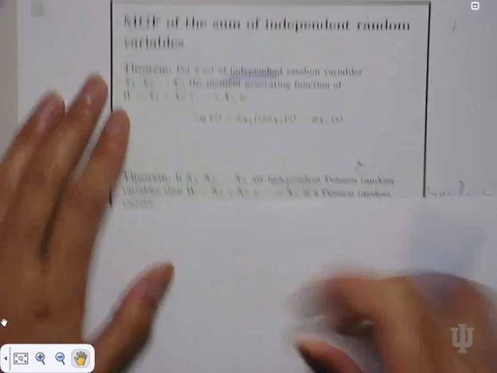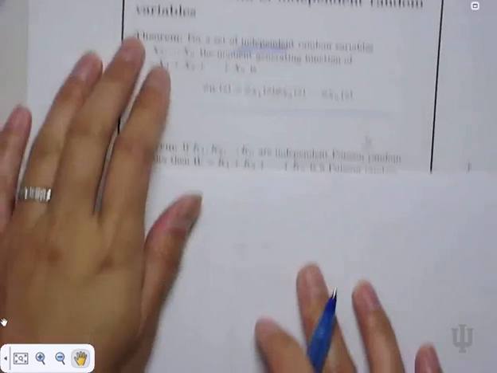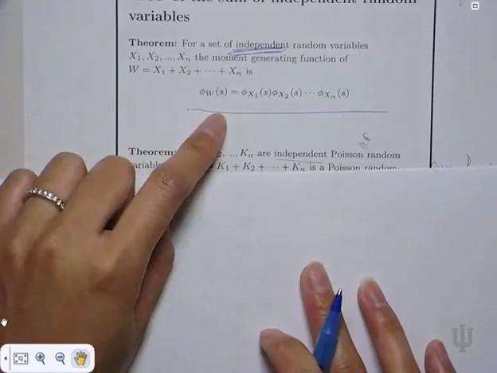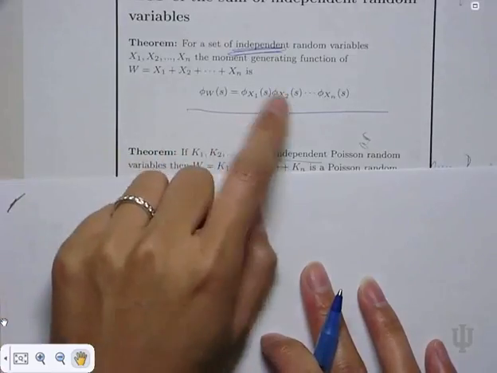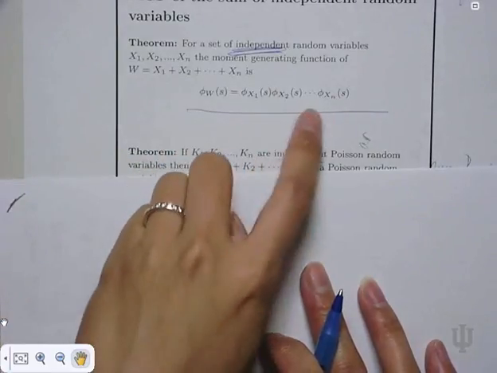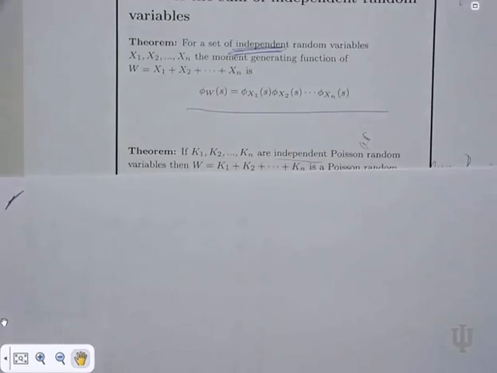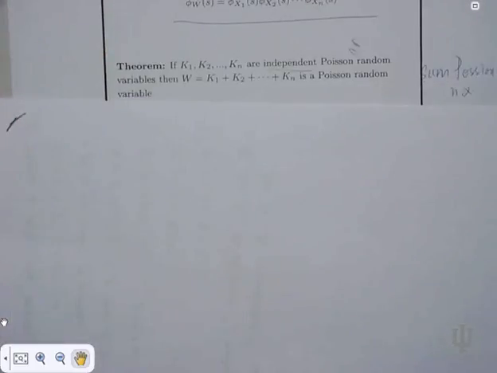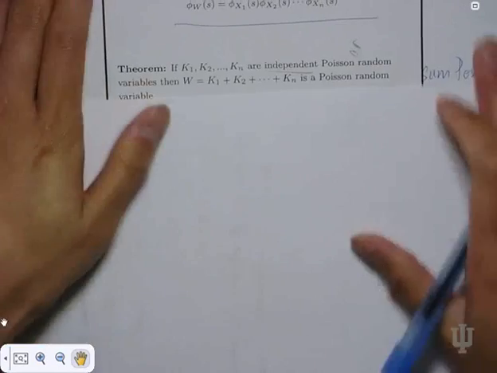So that is why you see the moment generating function for a sum of multiple random variables is the product of each moment generating function. You will be able to derive or prove that, but it's not required.